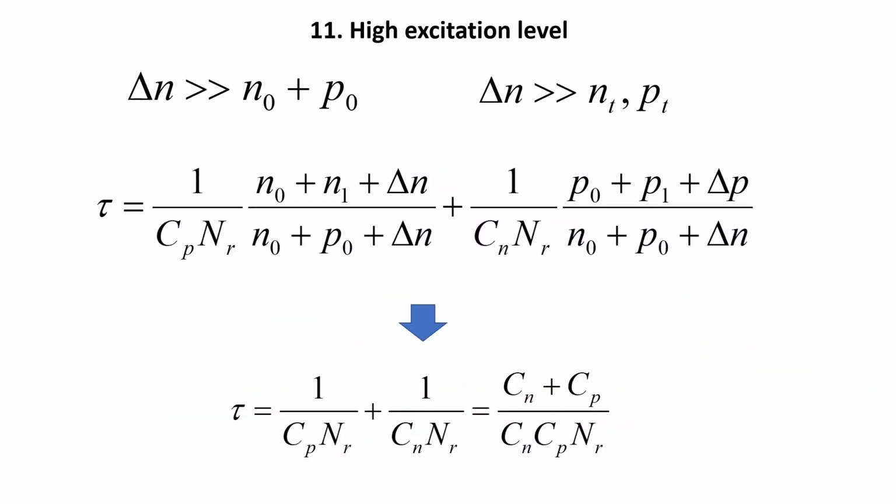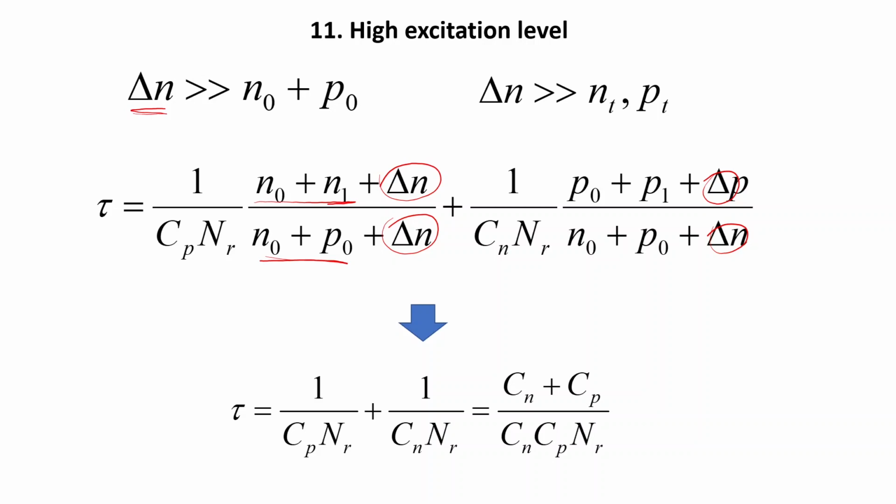So now we go to high level of excitation. Now delta N, excessive concentration, is much higher than all other concentrations, N0, P0 and N1, P1. So here we can actually neglect these terms because in comparison to excessive charge carrier concentration, they are much smaller.